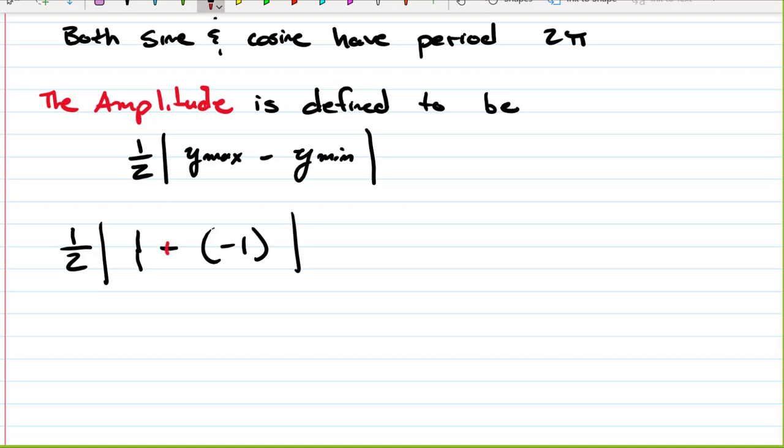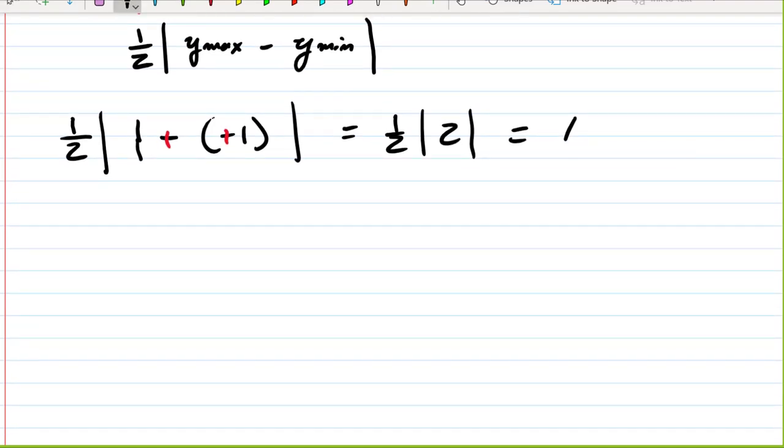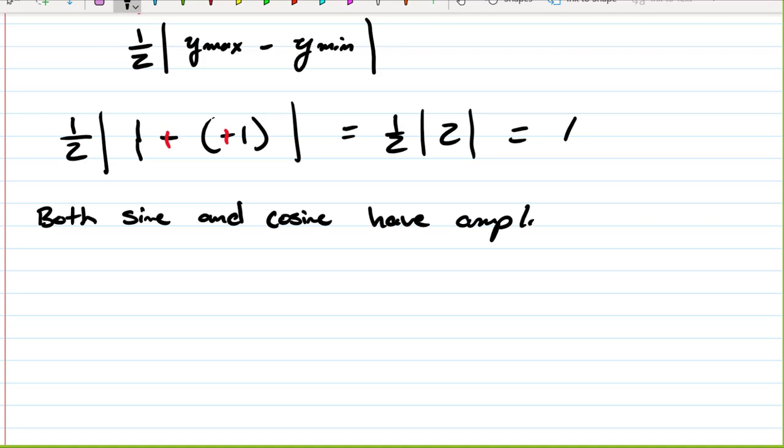So we have a minus minus, which gives us a plus. So that is 1/2 times the absolute value of 2. And the absolute value of 2 is just 2, so 1/2 times 2 is 1. So both sine and cosine have amplitude 1.